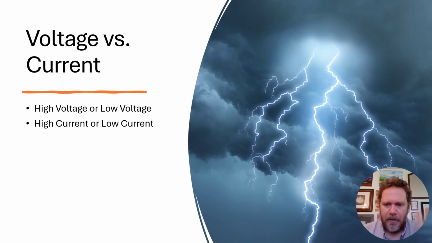High voltage does not necessarily mean a low current. High voltage means that you have the greater potential to move a high current. And low voltage does not necessarily mean a low current. It's not a given. You have to look at also what's available.